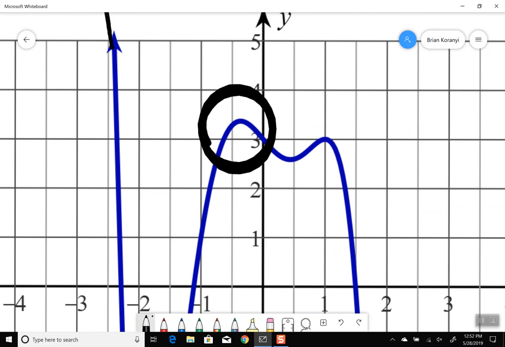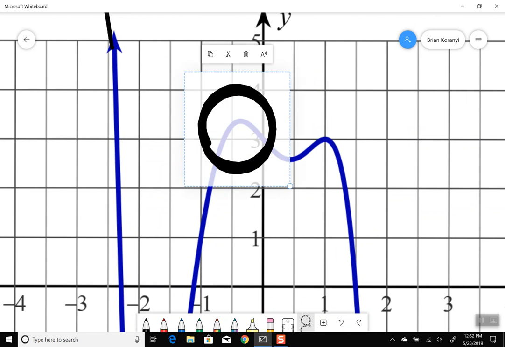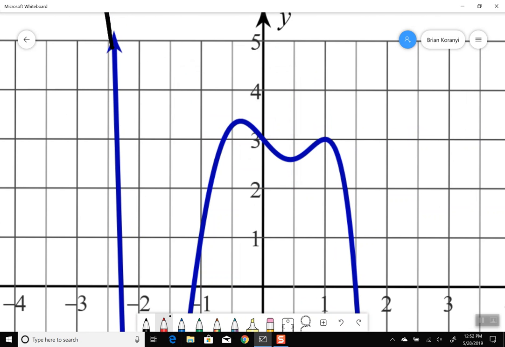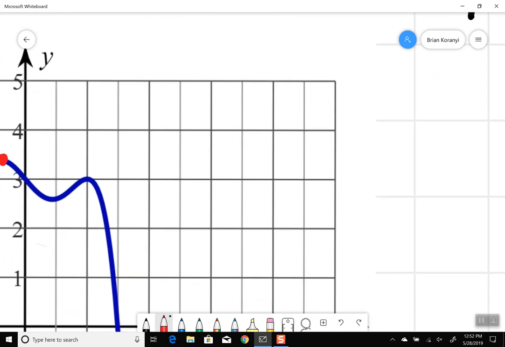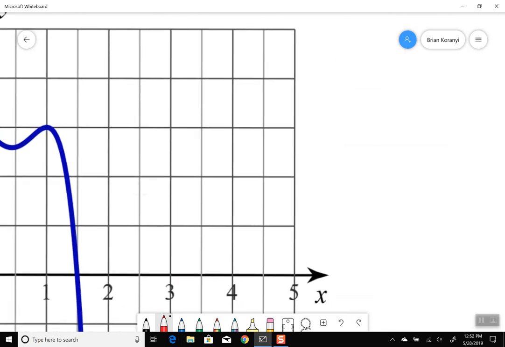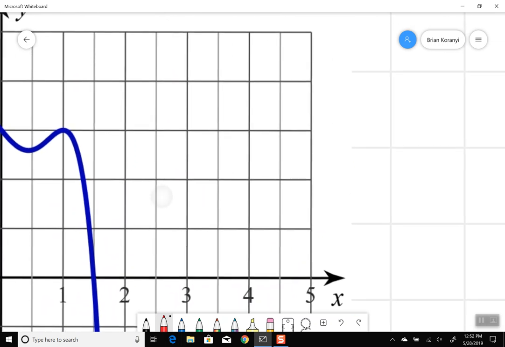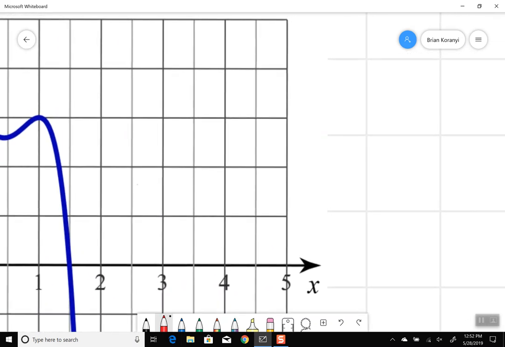So wherever I see that kind of camel hump, right here, I can tell that that would be a maximum point. And the same thing if I was zooming in on this location, so from, say, 0 to, or maybe from like 1/2 to 1.5 or something like that, there's a maximum right there relative to everything else around it.